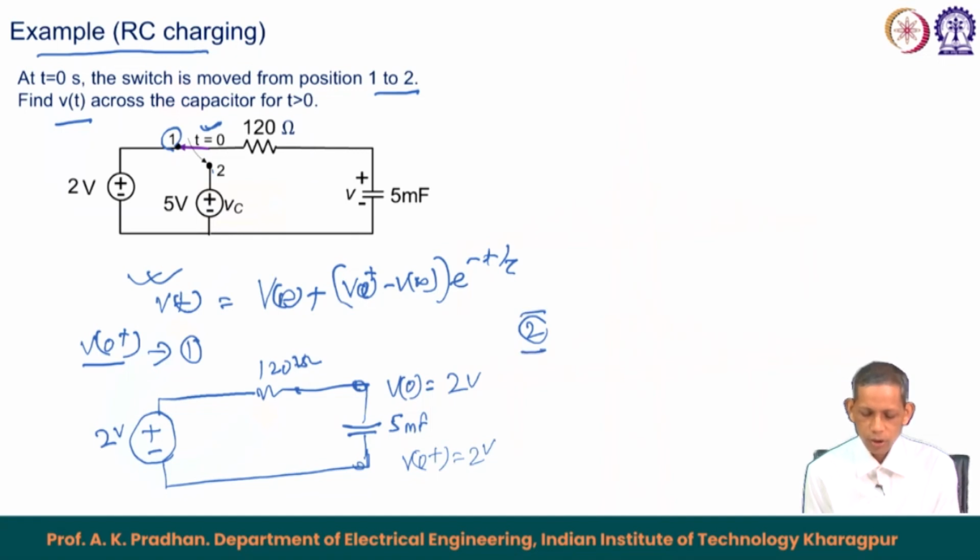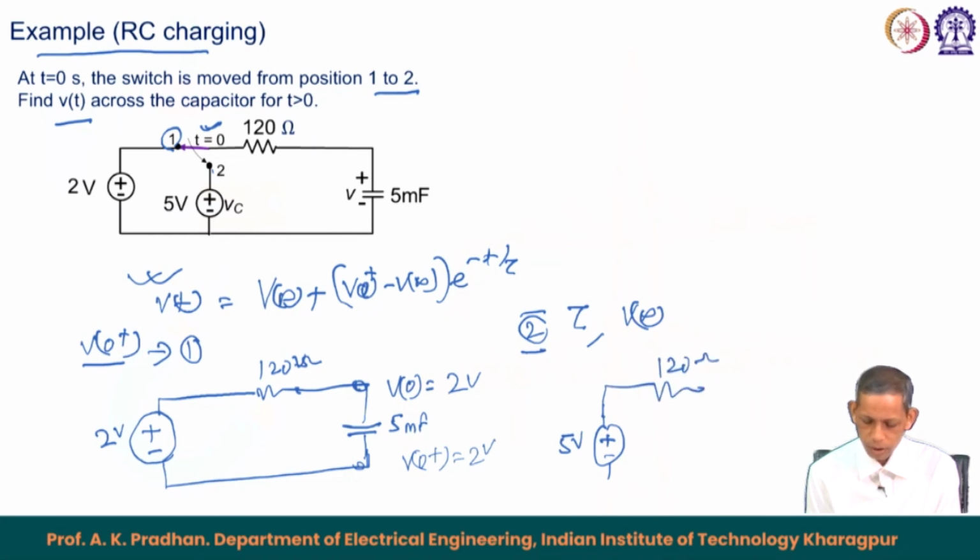Now, in position 2, we talk about the time constant tau and the corresponding V infinity, because our circuit has now changed. For position 2, it becomes plus minus 5 volt, the switch goes to the 5 volt source. The circuit is now 120 ohm and our capacitor of 5 millifarad.